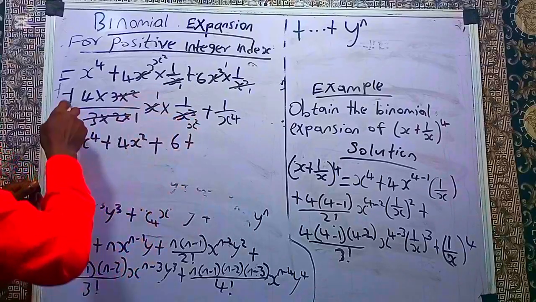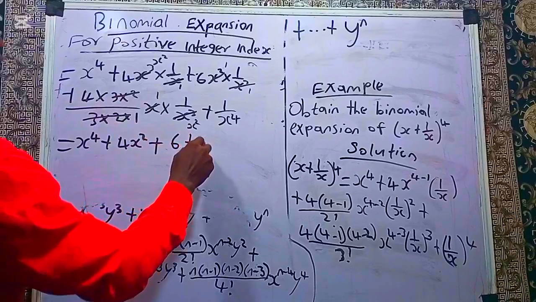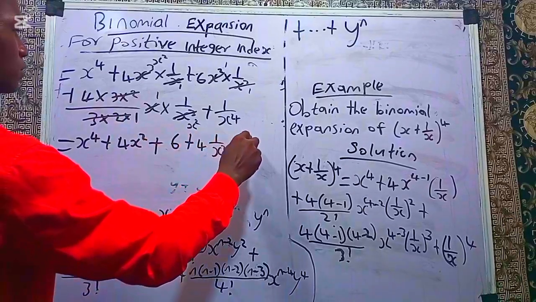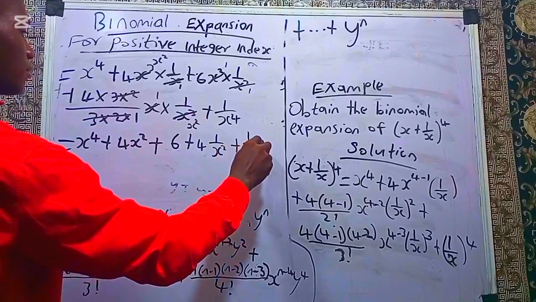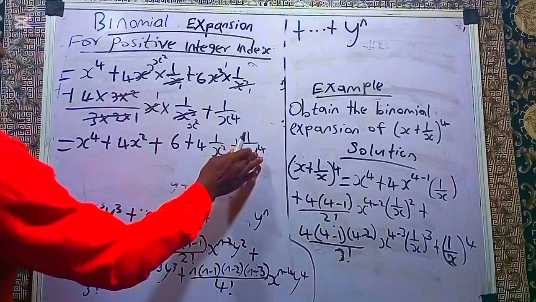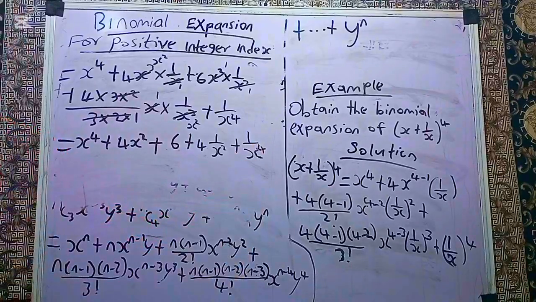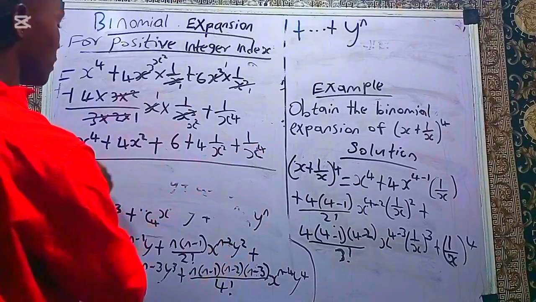So I'll have 4 over x power 2, plus 1 over x power 4. So this is actually the required expansion of this.